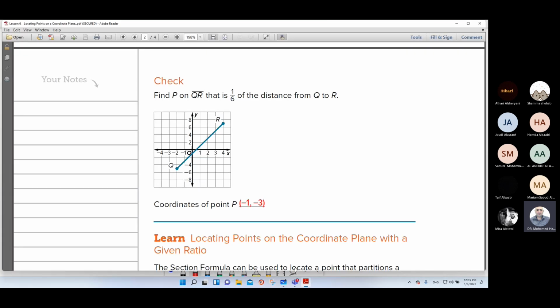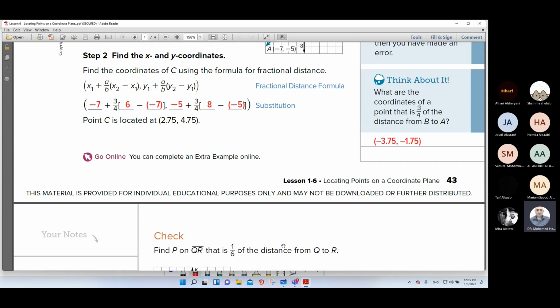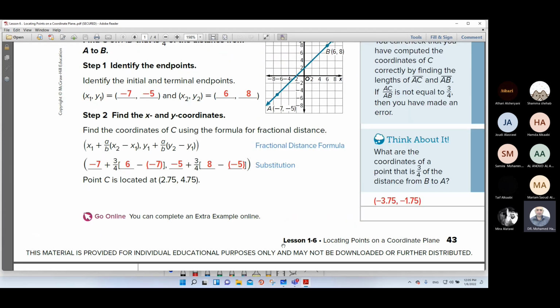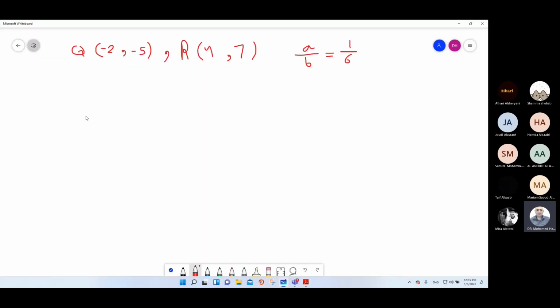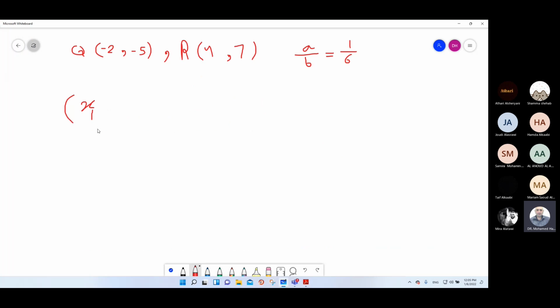Then what is the formula? When you have coordinate plane, you must use this formula. Start from x1, as you see, then plus the ratio A over B, multiply the distance x2 minus x1.